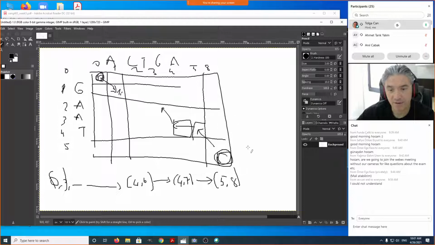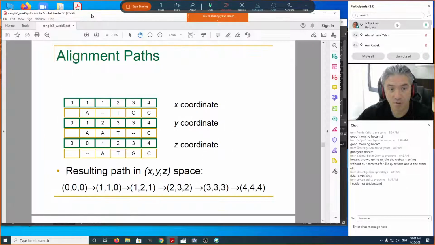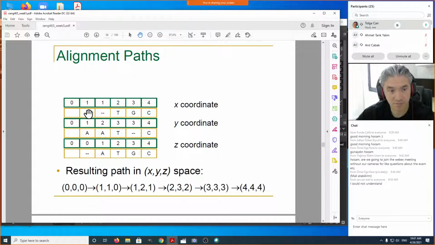Then in 3 dimensions, we are going to have a third sequence. Just imagine a third sequence put into this table, which will be like a cube, a rectangular prism. And in that case, we can put these gaps in different places. If we don't have any gaps, each of them will be increased by 1.